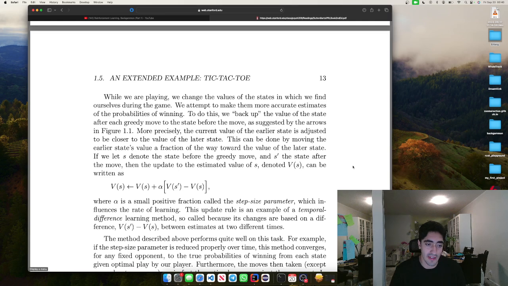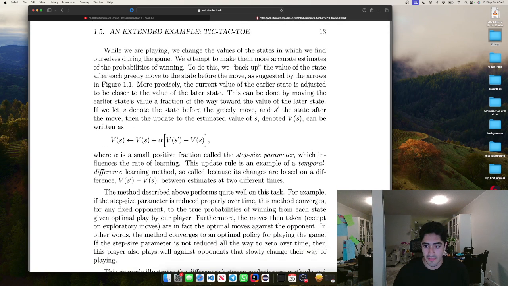If we let S denote the state before the greedy move, and S prime the state after the move, then the update to the estimated value of S, denoted V(S), can be written as that, where alpha is a small positive fraction called the step size parameter, which influences the rate of learning.